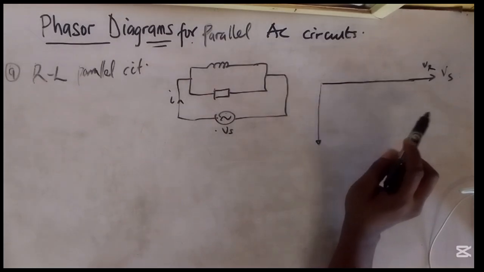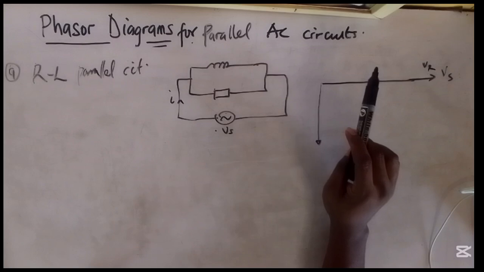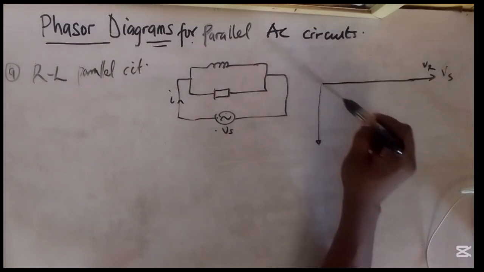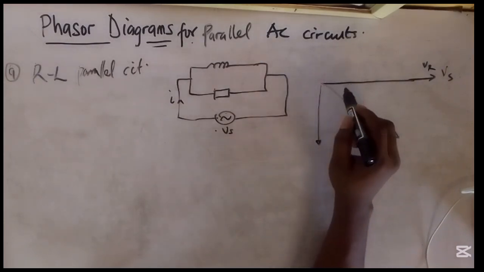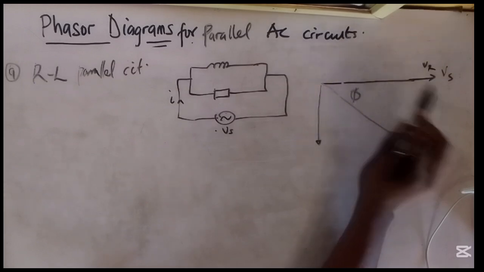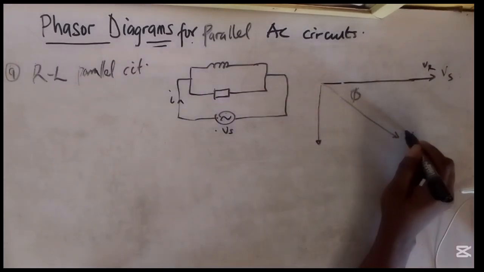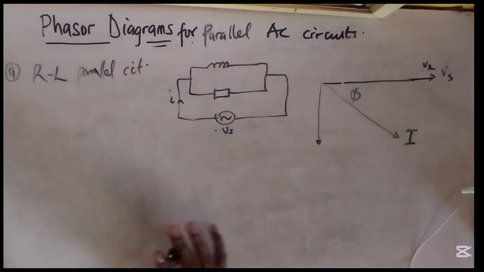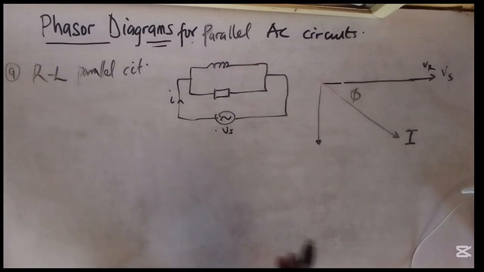So like we said, voltage leads current, but at a particular angle for parallel arrangement. Unlike for our series connection where we are looking at the movement of voltage, this time we are looking at the movement of current, because for series connection we already know that current is constant while voltage is the one varying.